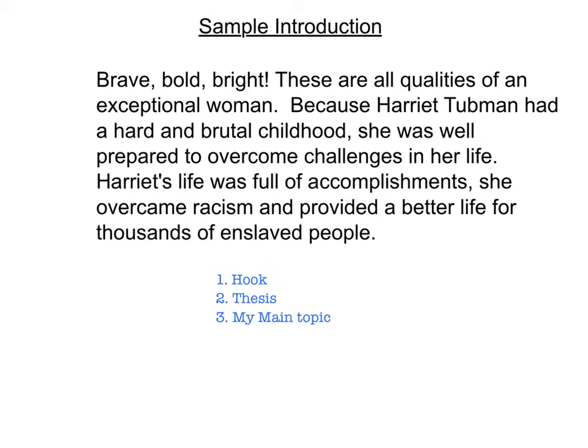I went through and chose one of the examples on that sheet. It includes my thesis about Harriet Tubman. And then it also includes my main topic sentences. That's the first sentence that I wrote about in each one of my 3 paragraphs that made up my mighty middle.